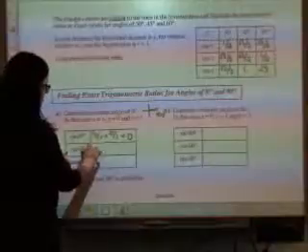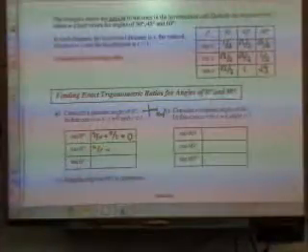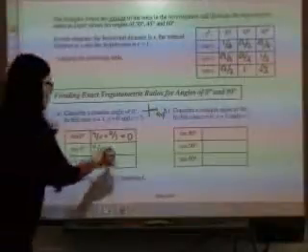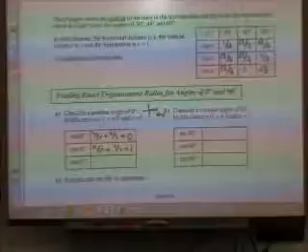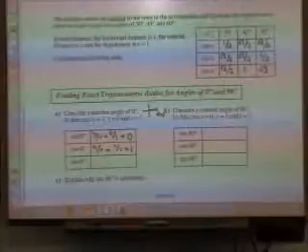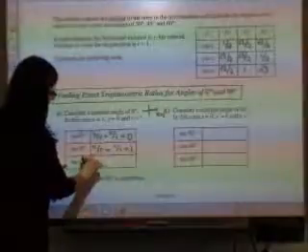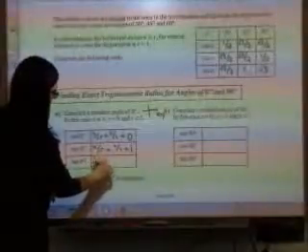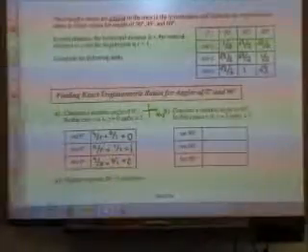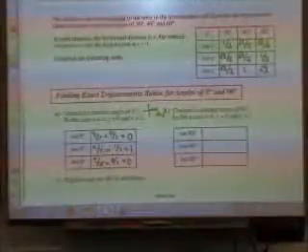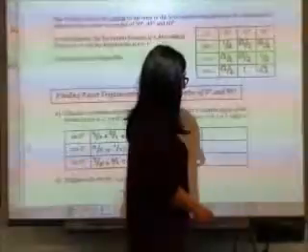Cos is adjacent over hypotenuse, which is my x value, 1 over 1. So my cos 0 would be equal to 1. And then my tan, opposite over adjacent, y over x, would be 0 over 1, which would equal 0. So that's my 0 degree angle.